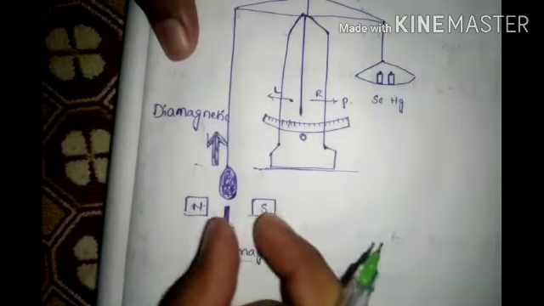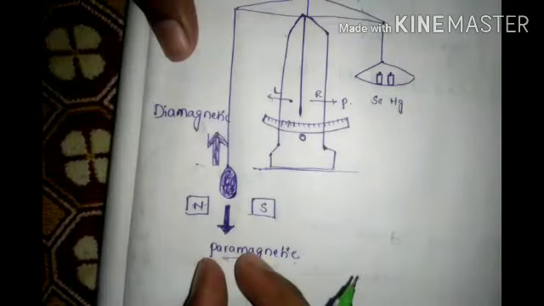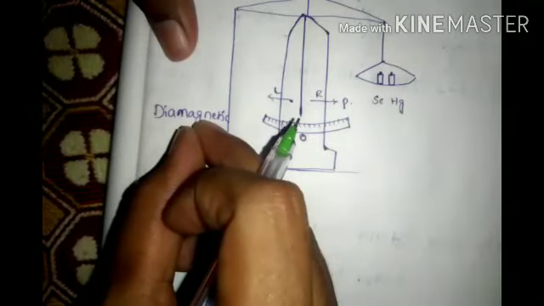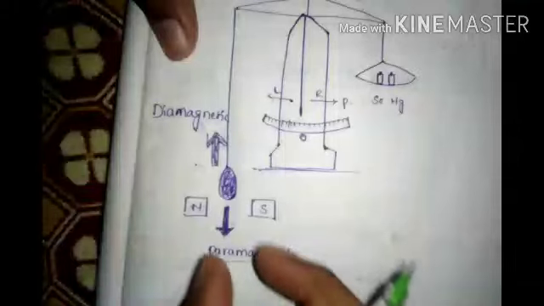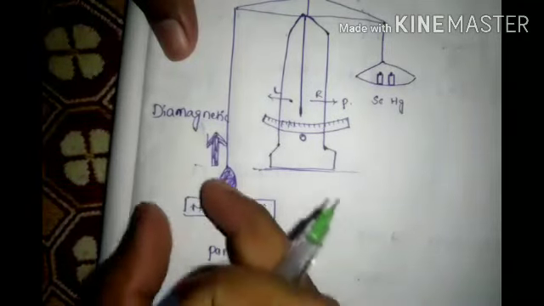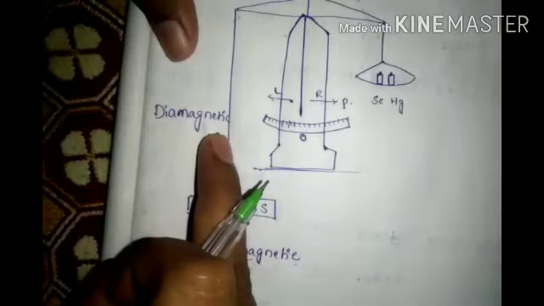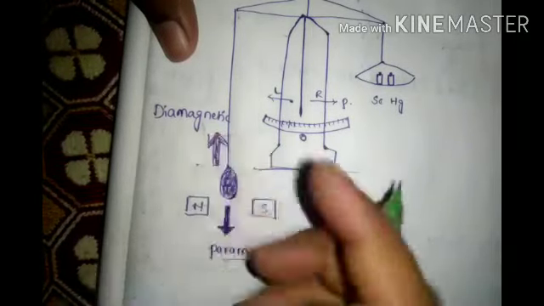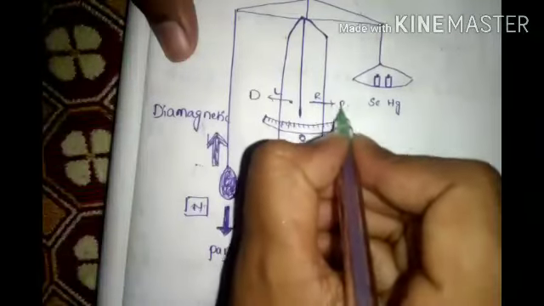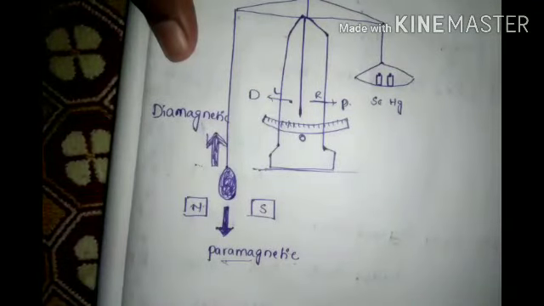If the sample is attracted by the north and south poles, it is called paramagnetic. If it is repelled, it is called diamagnetic. Going to the left side is diamagnetic, going to the right side is paramagnetic. That way we have to find out.